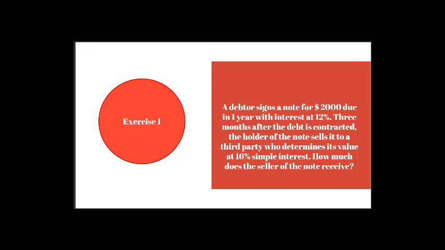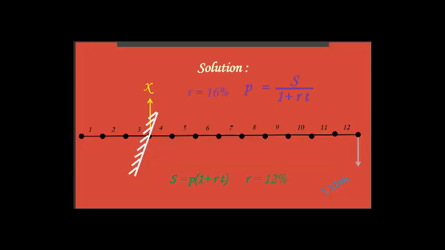In this example, we can solve this problem the way of chapter 2, or we can use the method of equations of value to solve it. At the beginning, we must draw the timeline. This is the timeline.